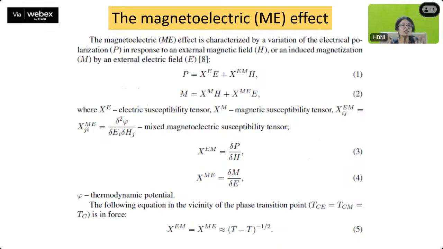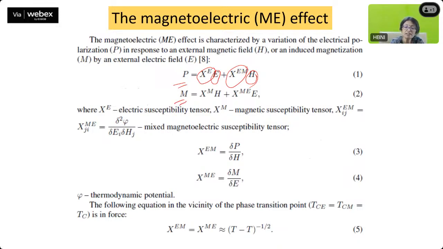So now let's put it into mathematical terms. This particular slide is going to give you the mathematical expressions. The electric polarization is given as a function of the electric susceptibility tensor and the electric field. On top of it, you have the mixed magnetoelectric susceptibility tensor, multiplied with the magnetic field you have applied.